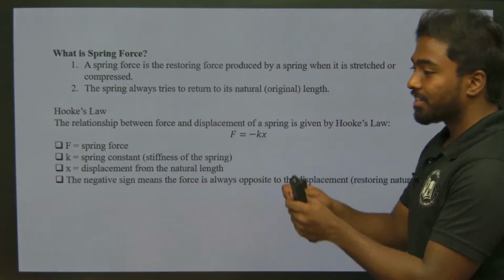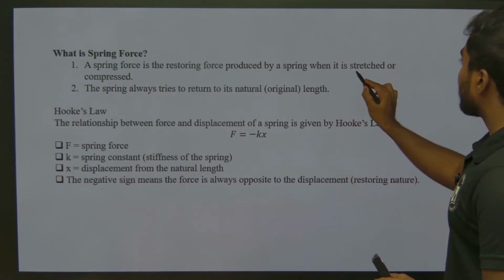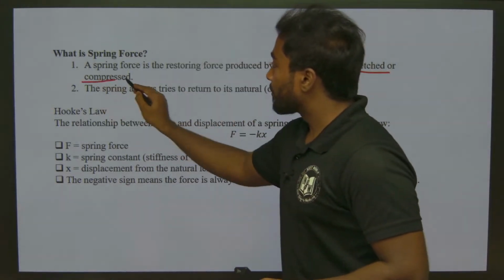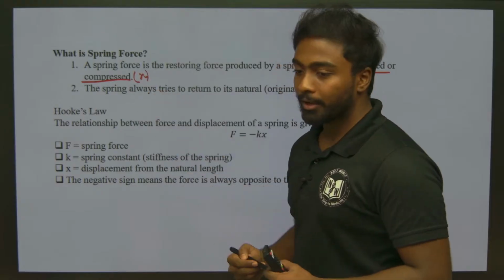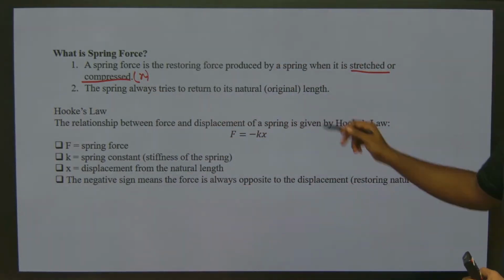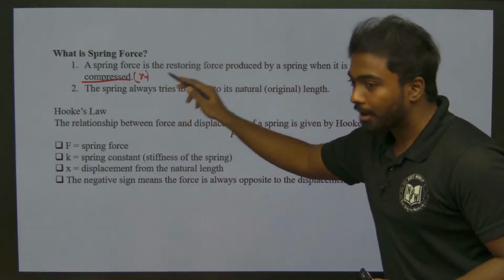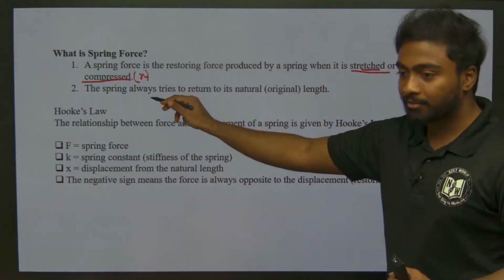So stretching or compressing is denoted in terms of x. A spring always tries to return to its natural length. So the stretched length is x, or the compressed length is also x.